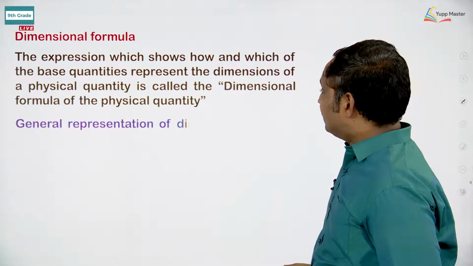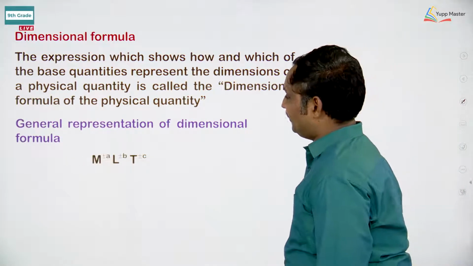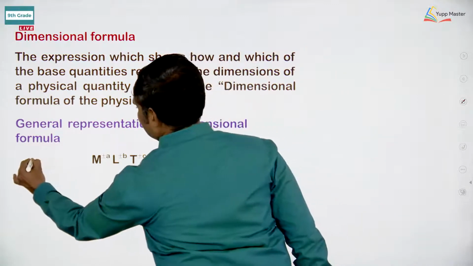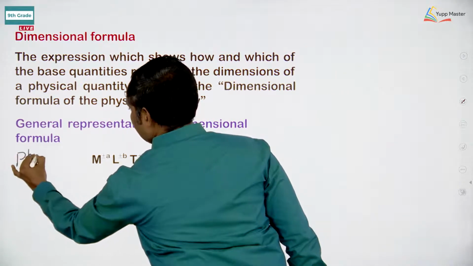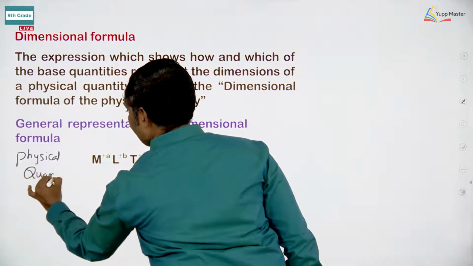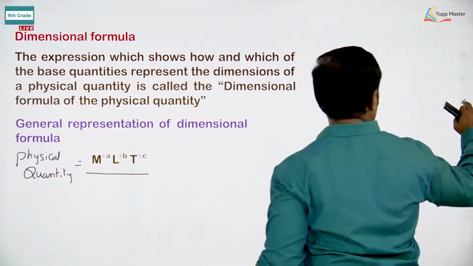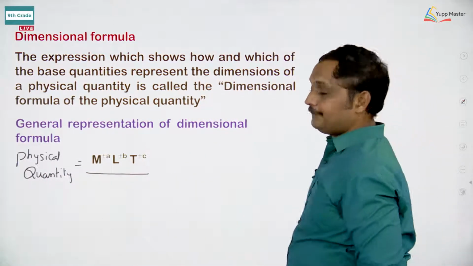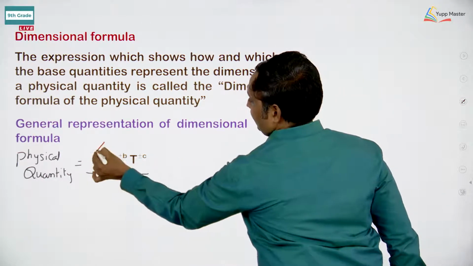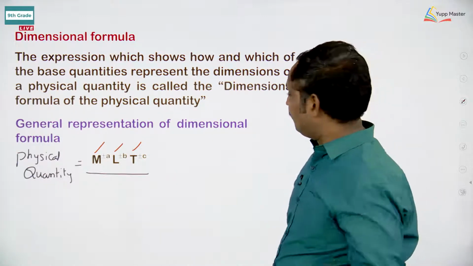Now, general representation of the dimensional formula, please take that general representation. If you are going to take any physical quantity, its representation is like that. Now, you can easily identify what is M, L and T. These are the base quantities.